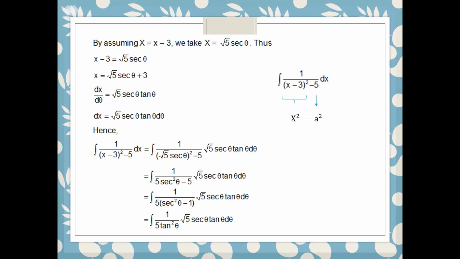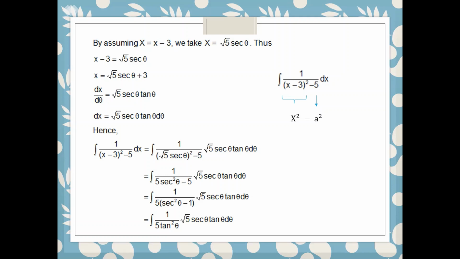Thus, the suitable trigonometric substitution to be used here is capital X equal to a secant theta, in which capital X equal to x minus 3 and a equal to square root 5. Differentiate x minus 3 equal to square root 5 secant theta, you will get square root 5 secant theta tangent theta.